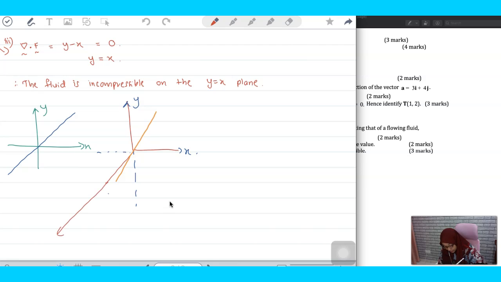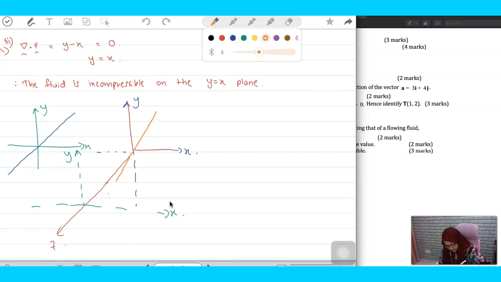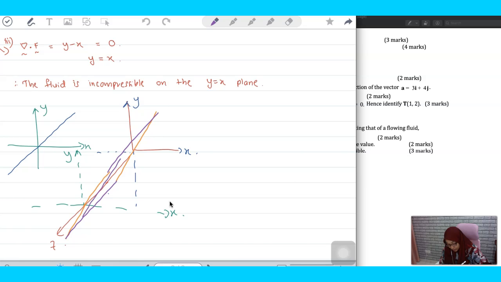Then you assume that you have another y-x, and you draw a similar line, parallel to the first one. Then, to complete the plane, that line is parallel to z, and that line is parallel to z. So that is your plane.